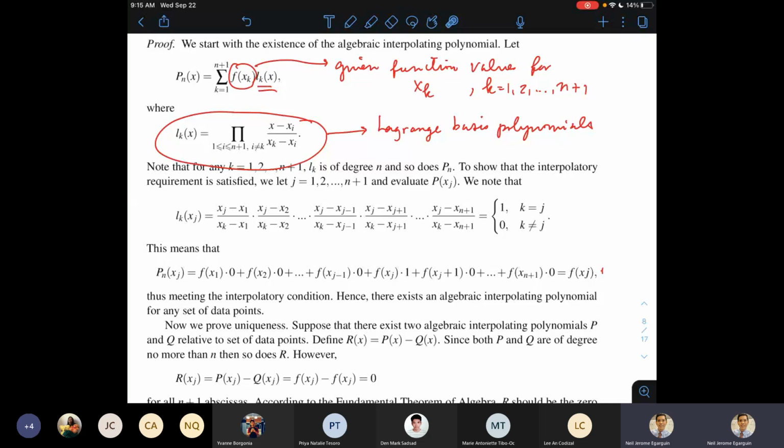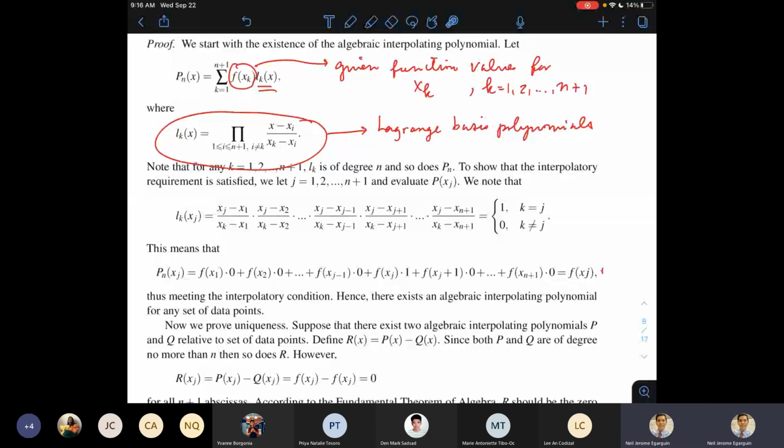Pero never lalampas sa degree n si P. Kasi bawat L sub k ay degree n lamang. Right? So hindi na dadagdagan yung degree by simply adding polynomials up. Okay? So that means indeed P sub n is of degree no greater than n. So yung isang criteria sa pagiging algebraic interpolating polynomial is satisfied na.